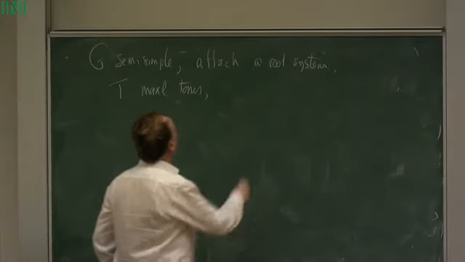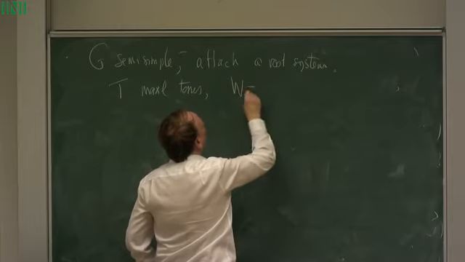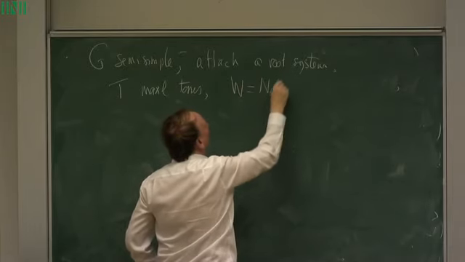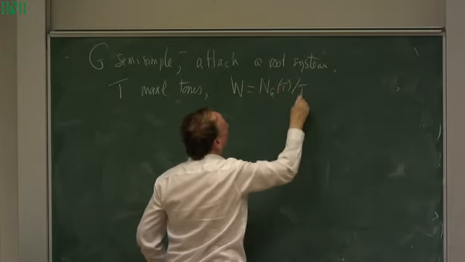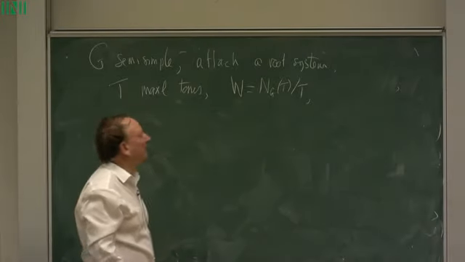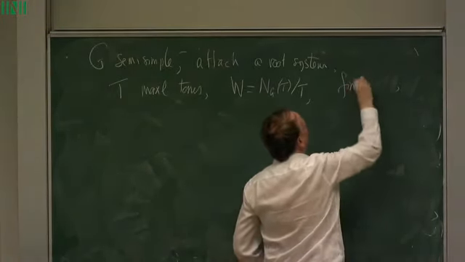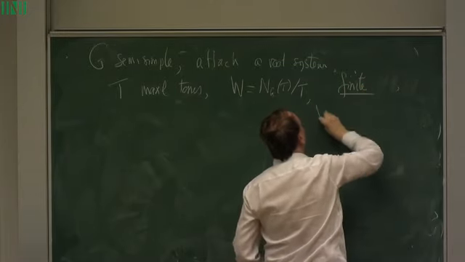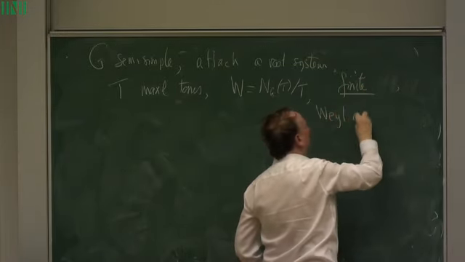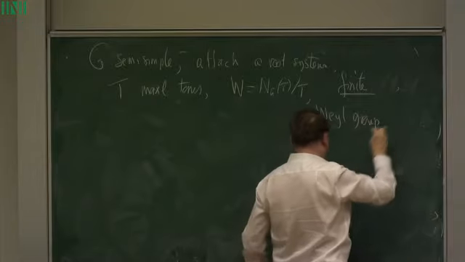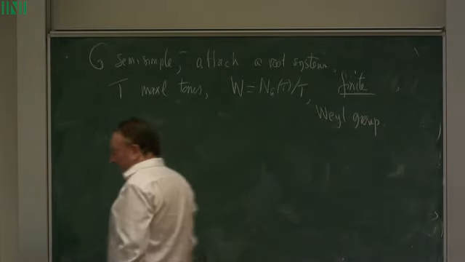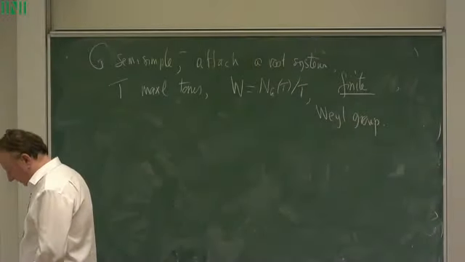Now here's a group, it's the normalizer of T modulo T. So this is finite. It's called the Weyl group. So what do we do to attach the root system?